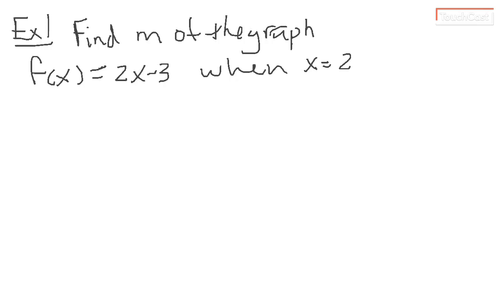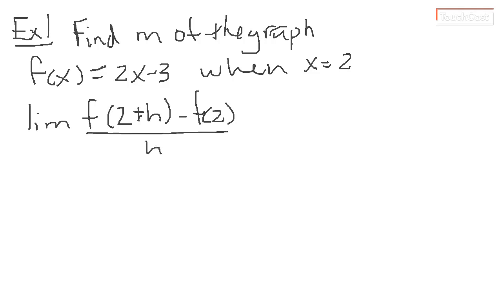So what we're going to need to set up is the limit of f of 2 plus h minus f of 2, all over h as h goes to 0. We're going to try to find this limit.